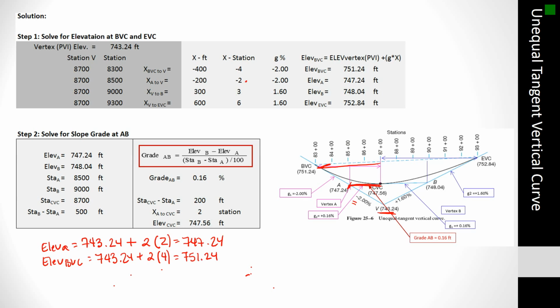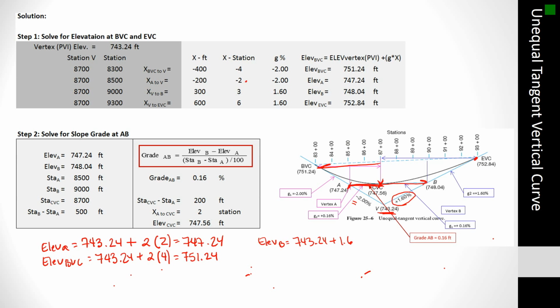Now, to get this point over here, if I want the elevation at B, I'm going to take the vertex elevation, 743.24, plus, now I look at that percent, the 1.6%, times the distance from here to here.